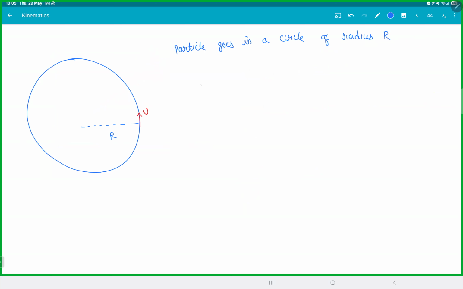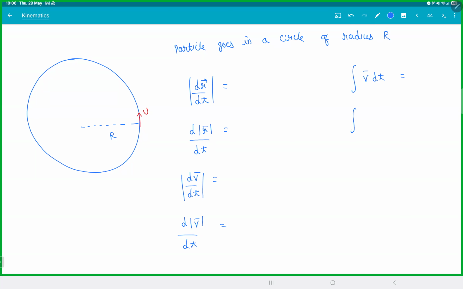Now, what is the mod of dr by dt? What is d mod r by dt? What is the mod of dv by dt? What is d mod v by dt? What is integral v bar dt? What is integral mod v dt?